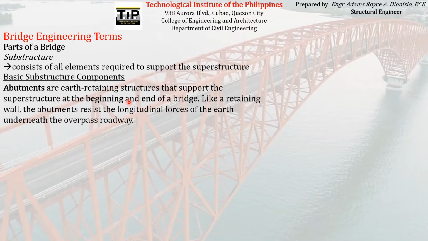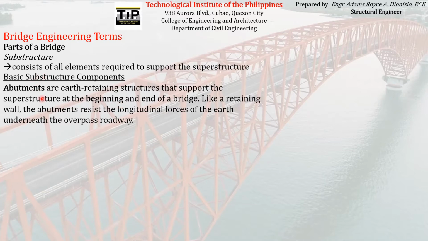Again, abutments are those supports of a bridge that are usually located at the beginning and at the end of a bridge, while the piers are the supporting part of a substructure that are located in between abutments, or in intermediate points between abutments.